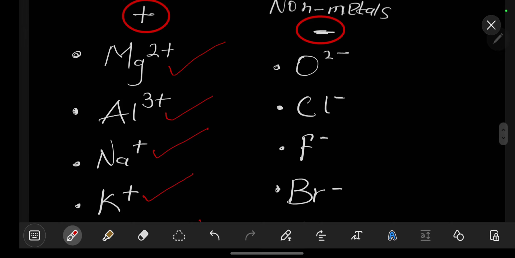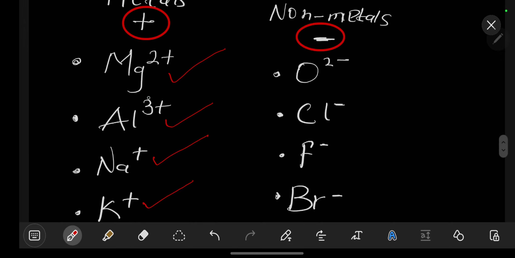Now you may be wondering what numbers are attached to these positive charges. These numbers you see, right, they are the group they belong to. So it means magnesium, for instance, that carries a +2 charge, it means that magnesium belongs to group 2 on the periodic table. Aluminum carries a +3 charge.